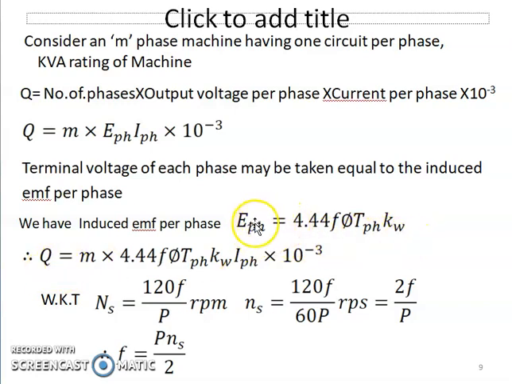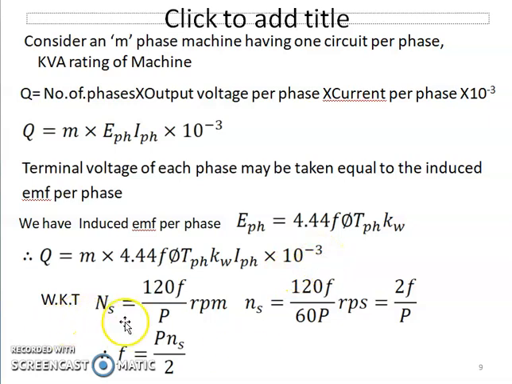So if we substitute this EPH in equation Q, then this particular kVA equation, the output equation, which is expressed in terms of Q, gets modified as Q equal to m into 4.44 f phi Tph Kw Iph into 10 to the power of minus 3.